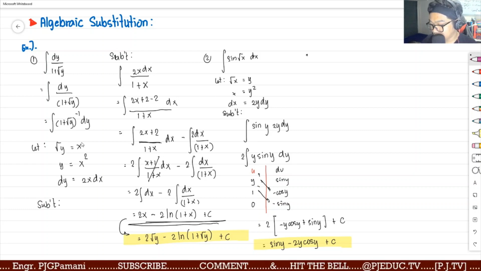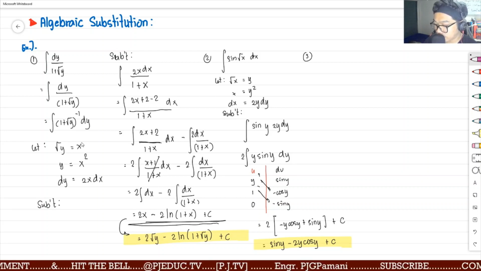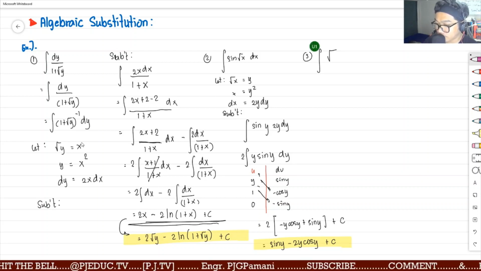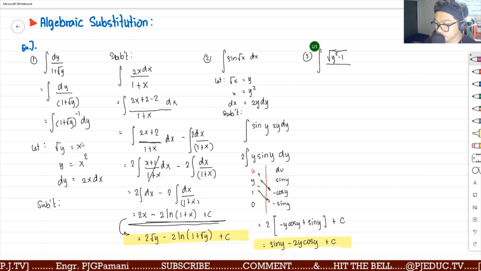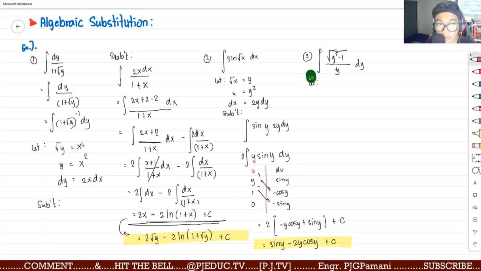Then, for your example number 3, what if you're now asked to evaluate the indefinite integral of square root of y raised to 5th minus 1 all over y dy. Ano ngayon ang gagamitan natin ng substitution? Anong term?